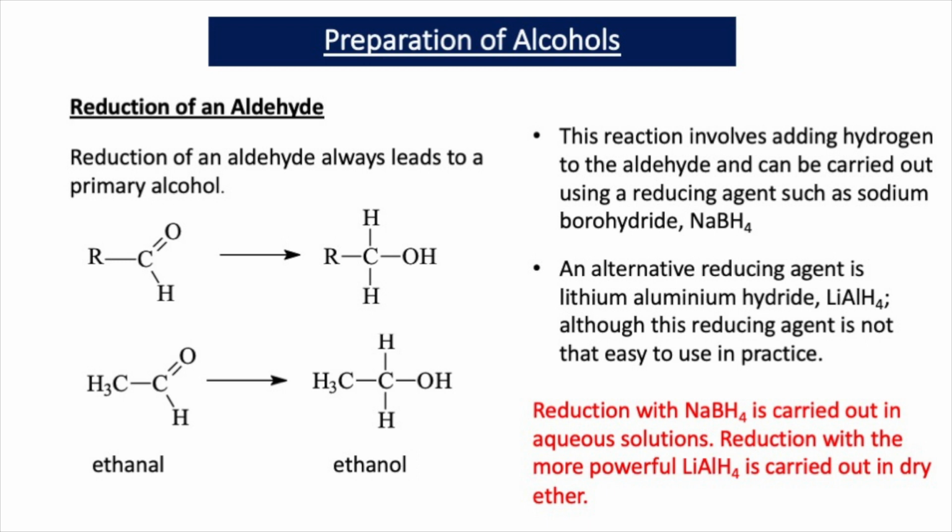You can't use water with lithium aluminium hydride because it's so powerful it will reduce the H+ ions in water to hydrogen gas. So sodium borohydride is carried out in water as a reducing agent, and lithium aluminium hydride works with dry ether, a non-aqueous solvent.